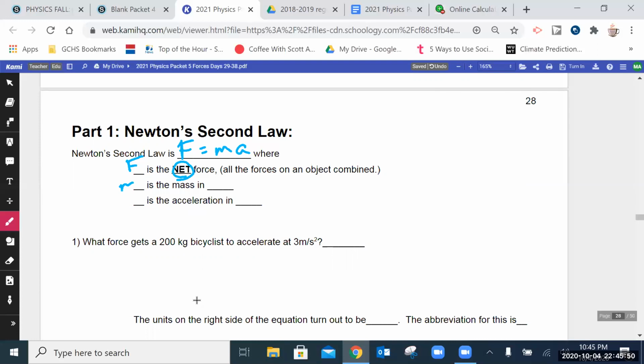M is going to be the mass, and that needs to be in kilograms, please. A is the acceleration, and every time you see acceleration in this class, it's going to be meters per second squared.